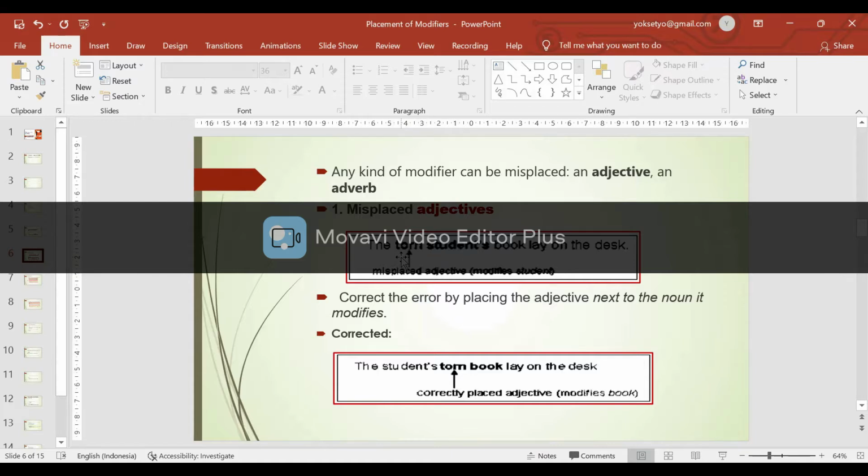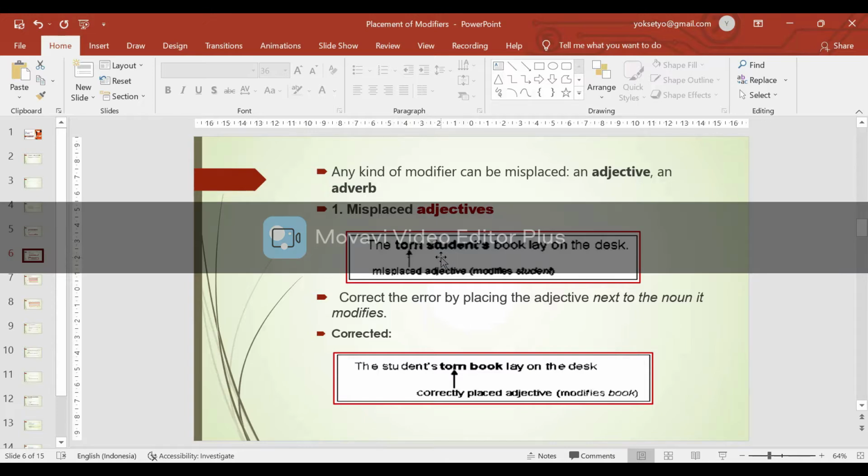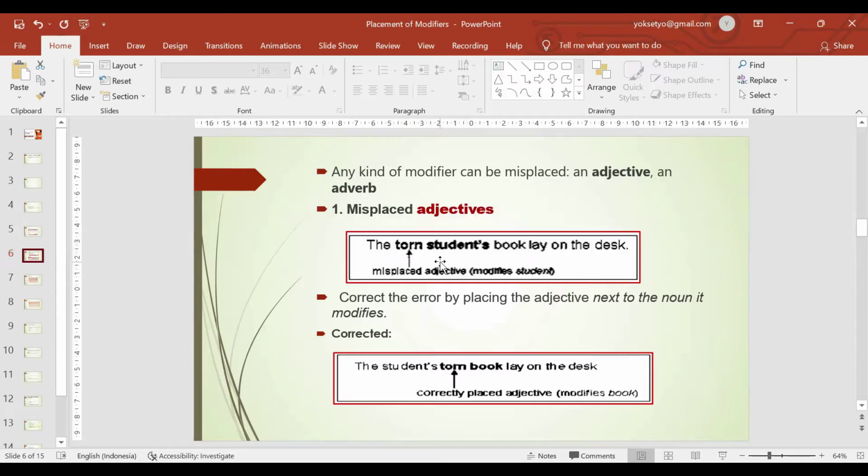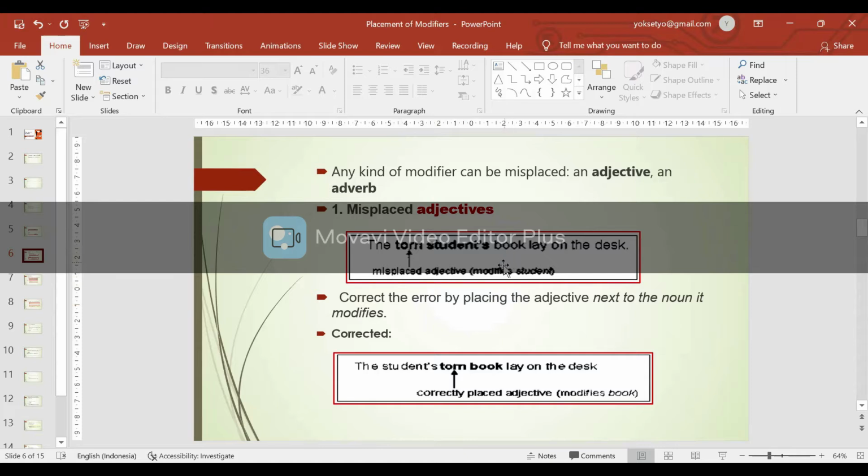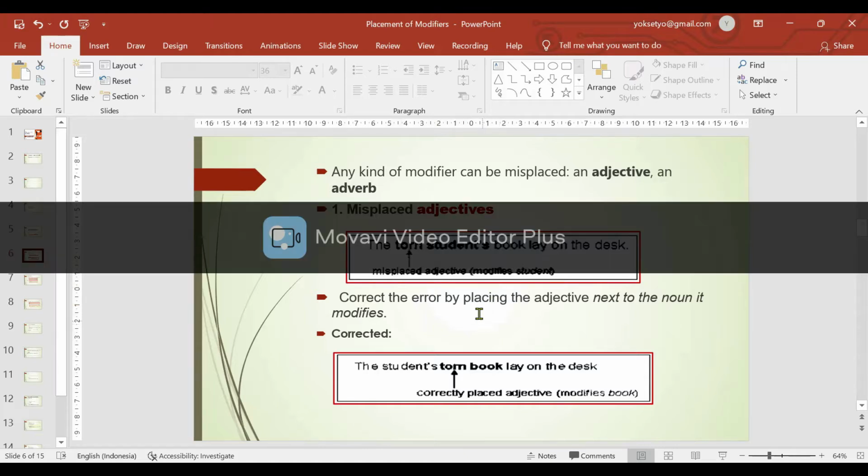Because the word torn is placed closely to the student. But if the writer wants to say that torn modifies the book, therefore it must be corrected.